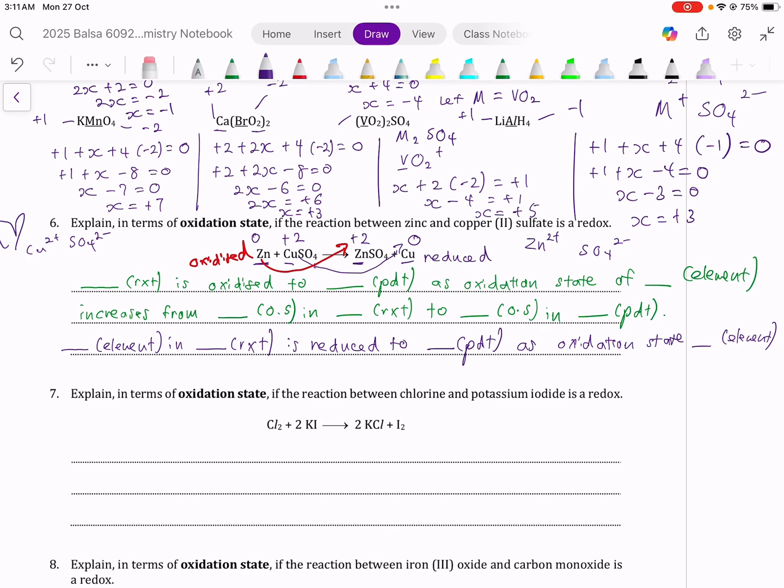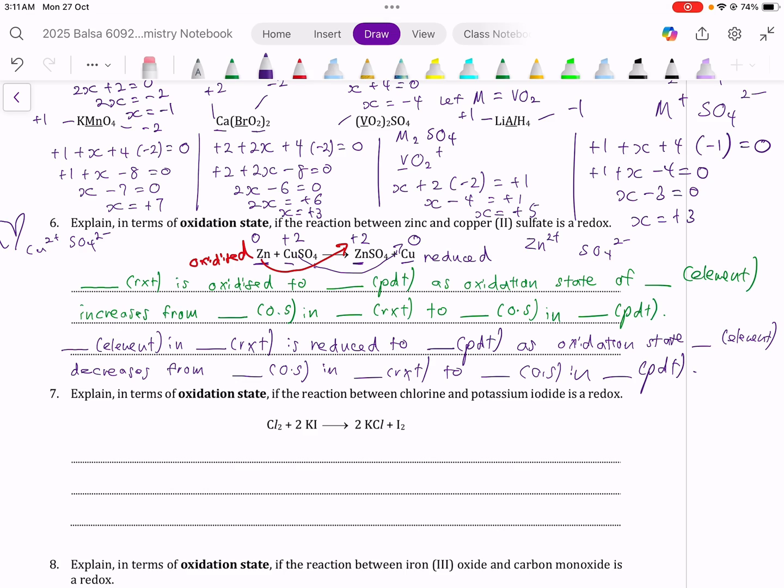Okay, so reduce is decreases from some kind of oxidation state in some kind of reactant to the oxidation state in the product. Now next thing we are going to do is fill in all the blanks, of course.